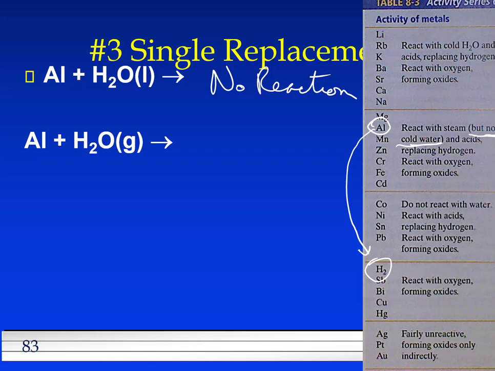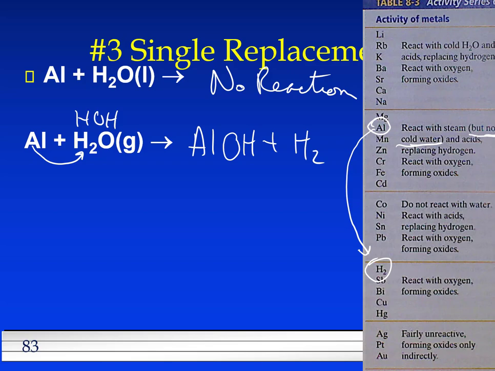So see why those states of matter become important on this one. Okay, so aluminum is going to replace hydrogen, but remember, water is really HOH. So aluminum is going to end up next to hydroxide, and hydrogen's going to be by itself.